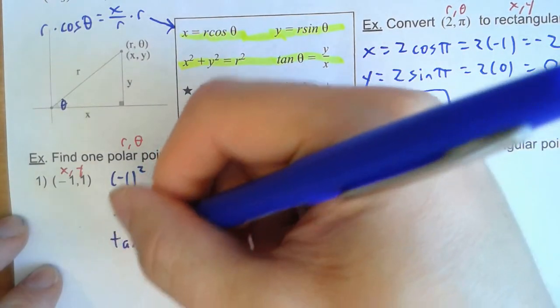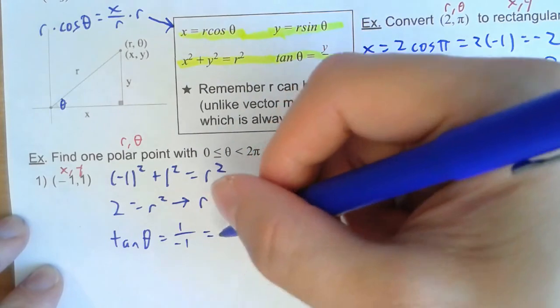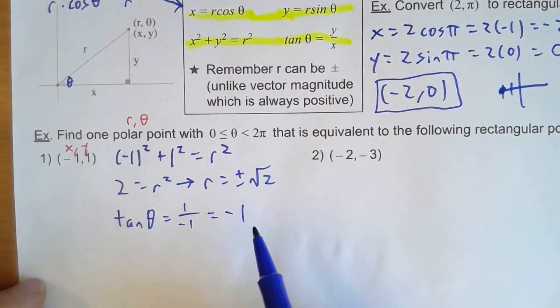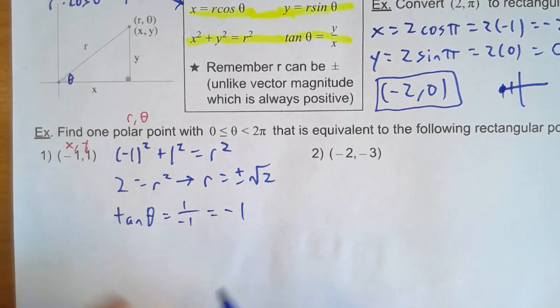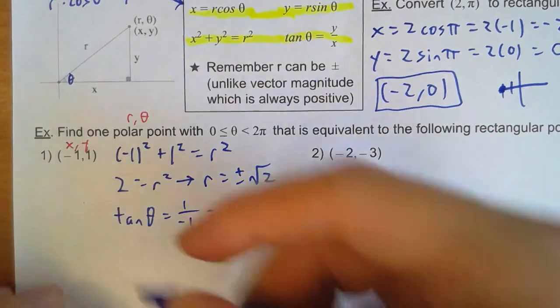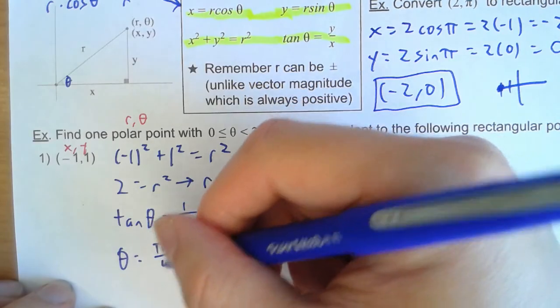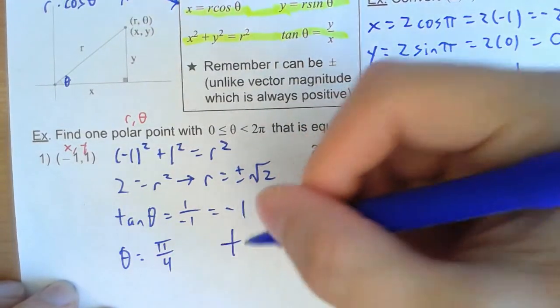So we're going to say tangent of theta is y over x, 1 over -1. So we want our tangent to be -1. Well, for tangent to be 1, we need the y and the x to be the same. We should be thinking our pi over 4 angles. We want some sort of pi over 4 angle, but we want tangent to be negative.